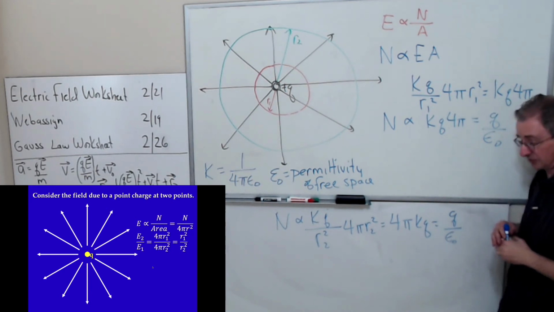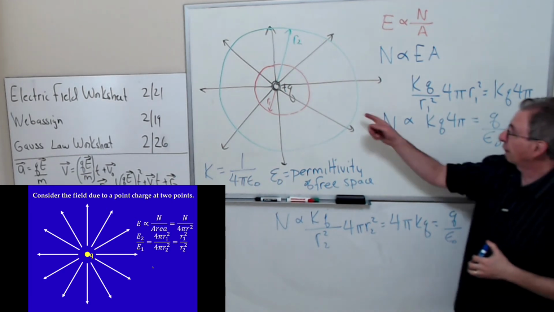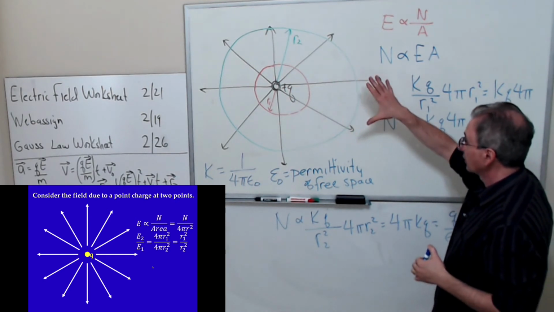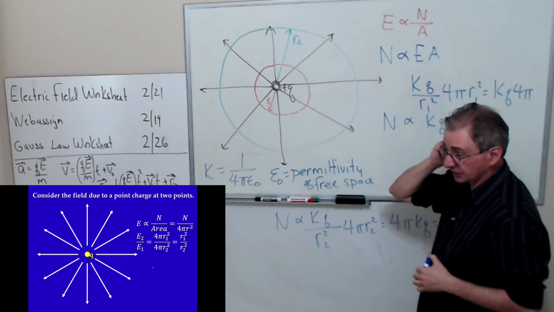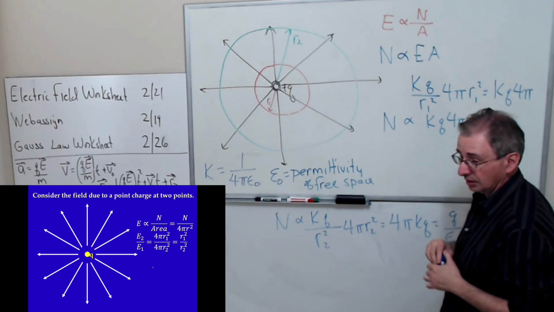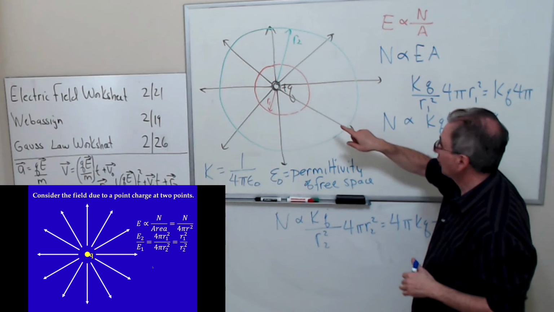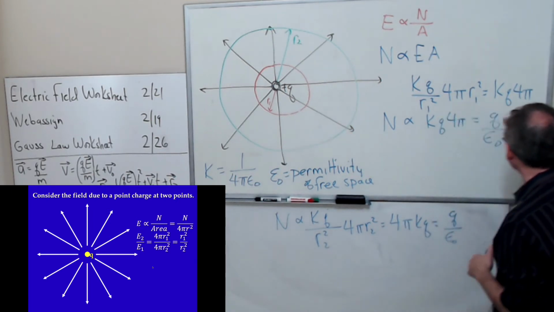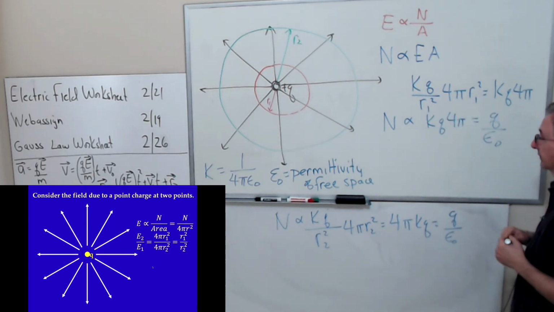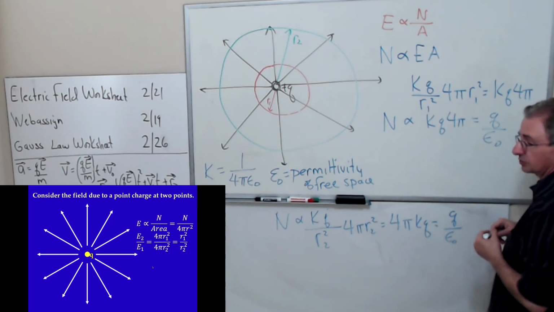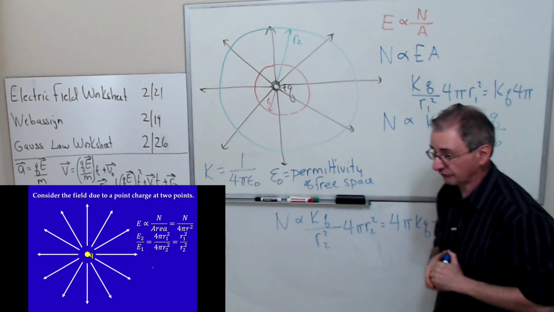I've written down Gauss's law: the number of field lines that pass through any one of these closed surfaces is proportional to the charge enclosed. The number of field lines is proportional to the charge enclosed inside the closed surface.